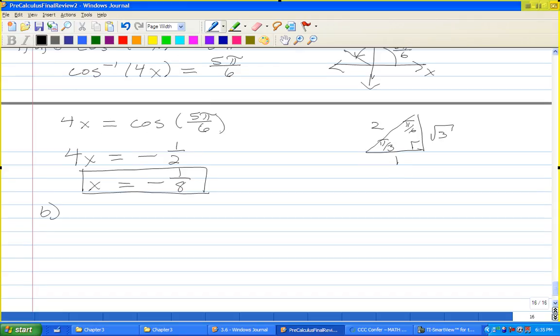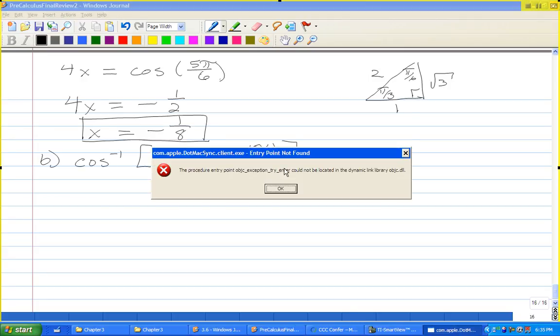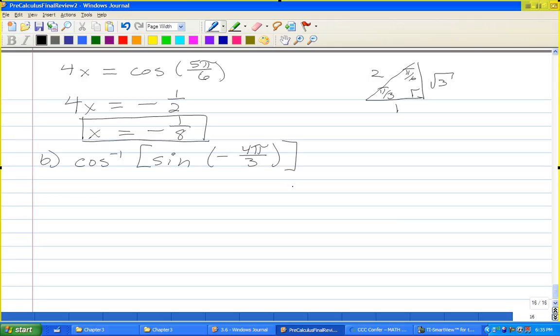Find the exact value of cosine inverse sine negative 4 pi over 3. Okay, so negative 4 pi over 3, so x y.